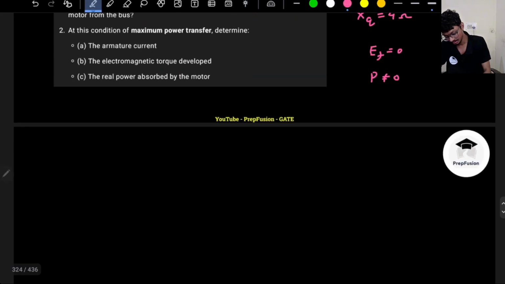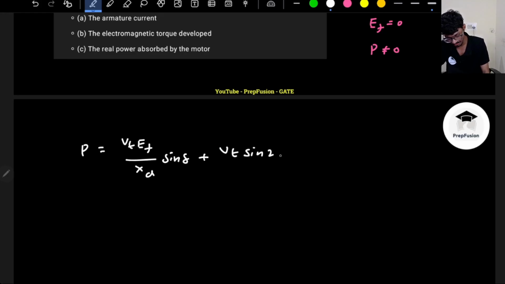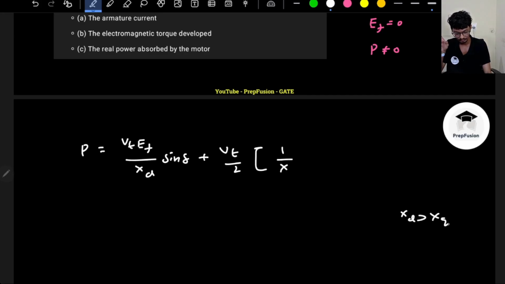If you remember the formula for active power of a salient pole machine, it was Vt EF by xd sin delta plus Vt by 2, and here I had 1 by, if you remember, which one will come first, xq or xd? I remember that xd is higher than xq, right?